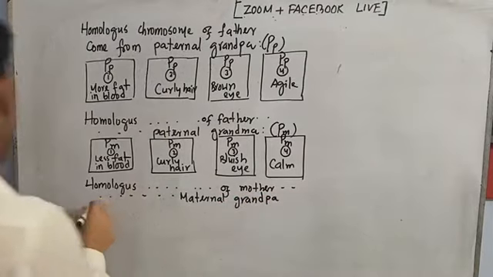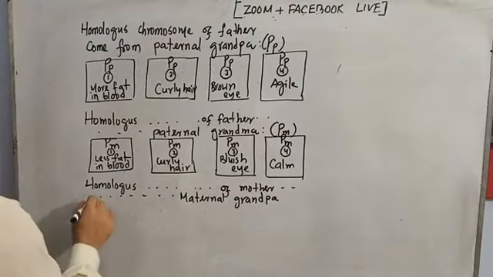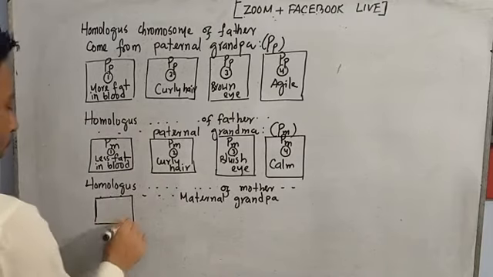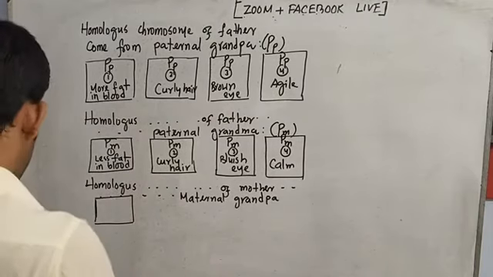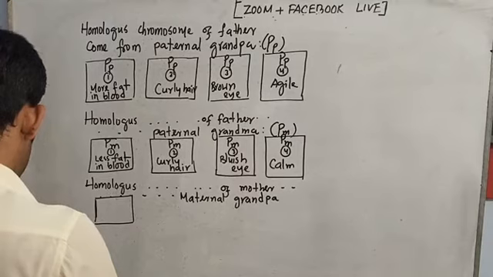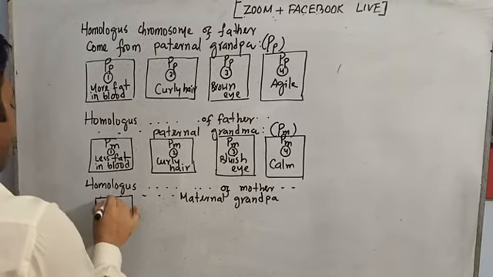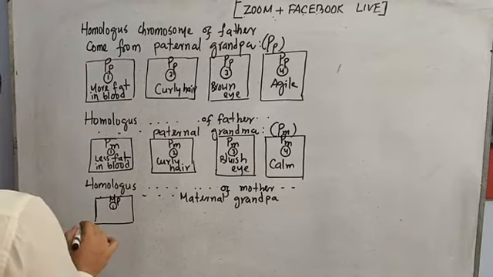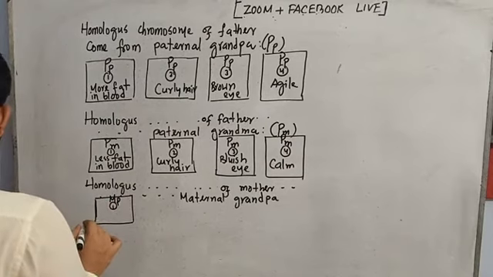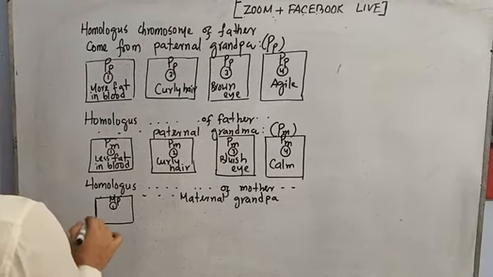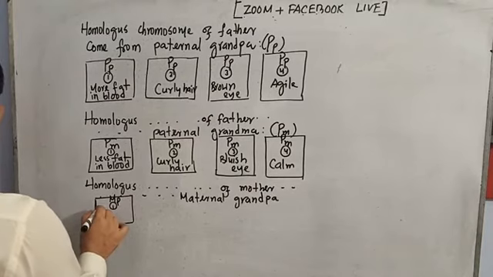Which four come here? The first one is MP1: less fat in blood.